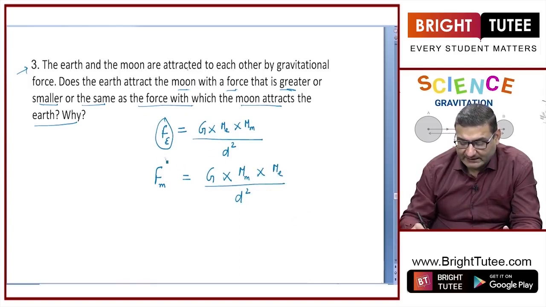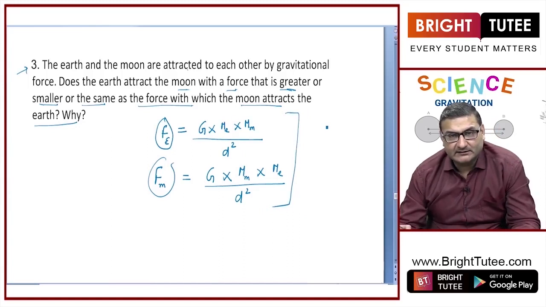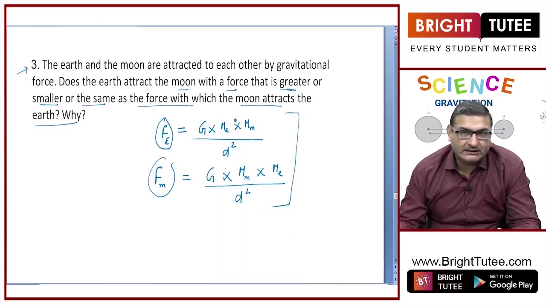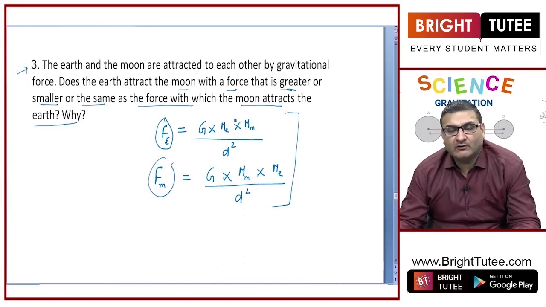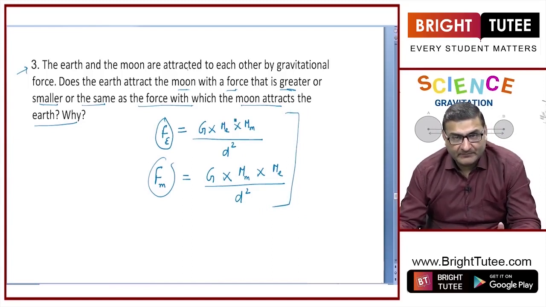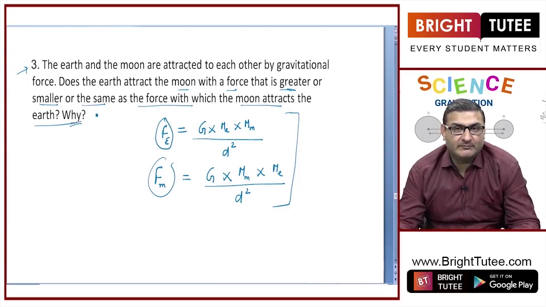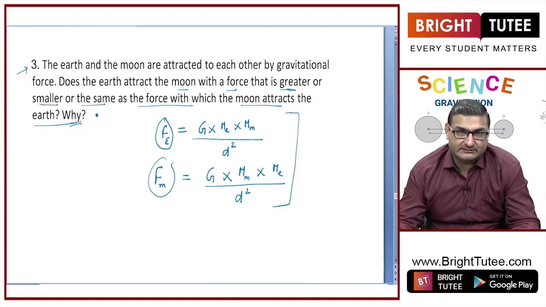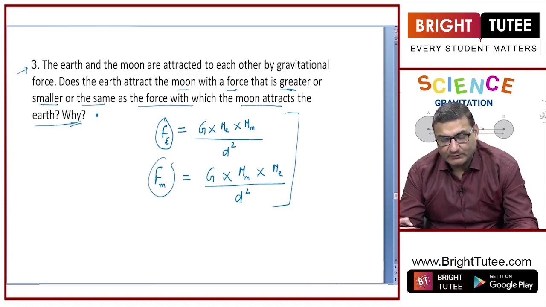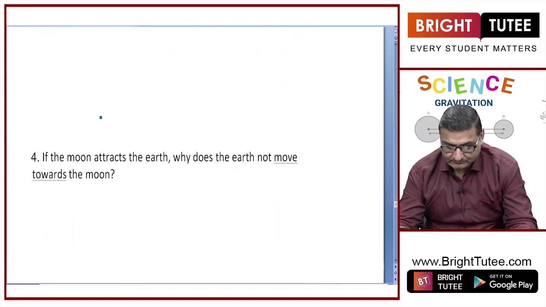So we see mathematically also that the force exerted by the earth on the moon or by the moon on the earth will be equal. And why is it equal? Once again, Newton's third law of motion, if you remember: action and reaction are equal and opposite. So they will be exerting an equal force upon each other, clear.